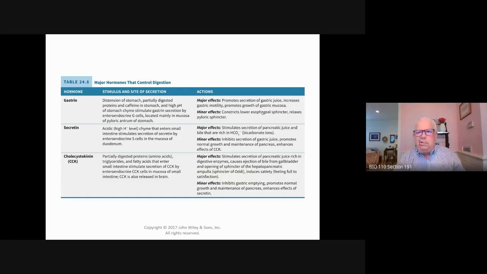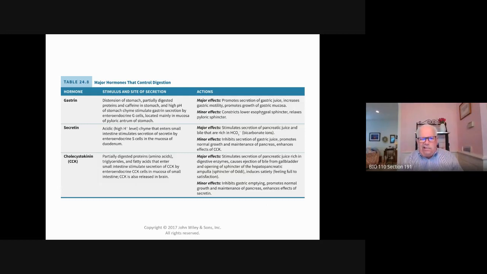Gastrin is produced by the enteroendocrine cells of the stomach. Its major effects: it promotes the secretion of gastric juice. It increases gastric motility, and it produces the growth of the gastric mucosa. And it comes from the G cells of the stomach.